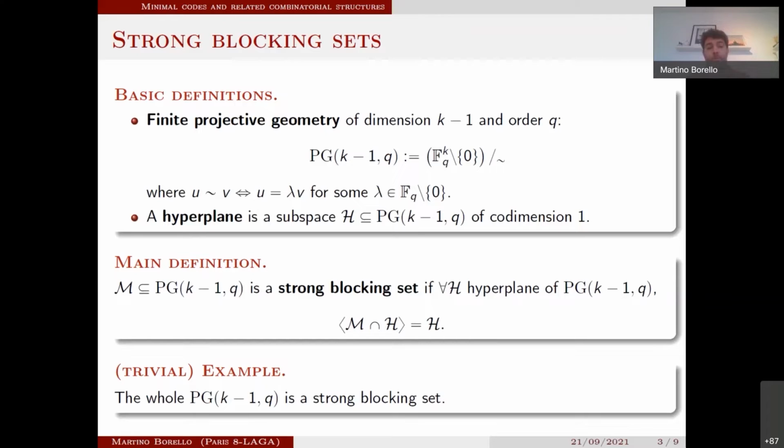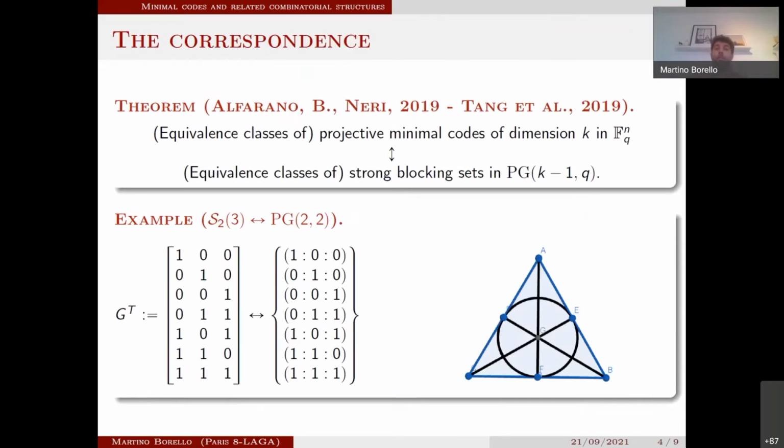A trivial example of a strong blocking set is, of course, the whole projective space, because here the intersection of the projective space with the hyperplane is the hyperplane itself, so it spans linearly the hyperplane. These two objects, minimal codes and strong blocking sets, are essentially the same object, and the correspondence was observed first in November 2019, independently by us, I mean by Zanira, me, and Alessandro, and by Tang and other authors, almost at the same days, 2019.